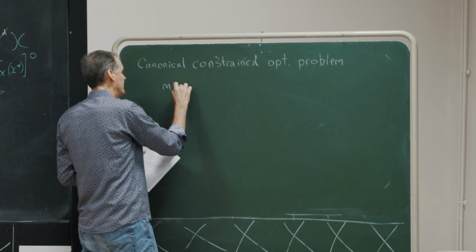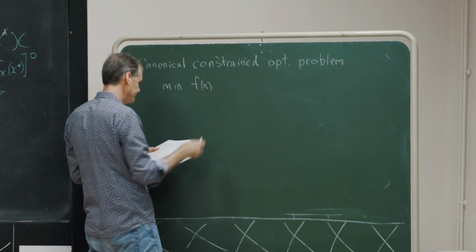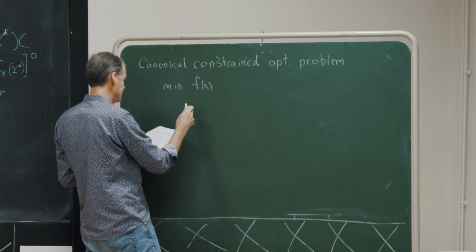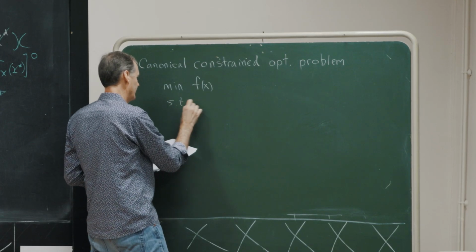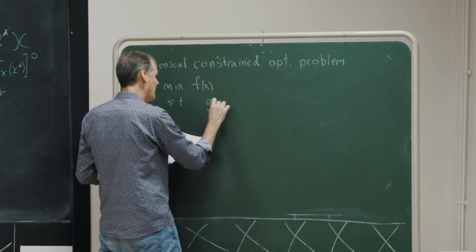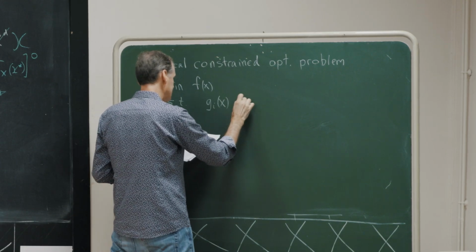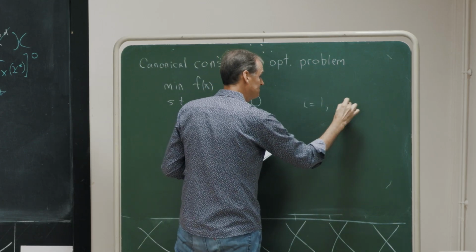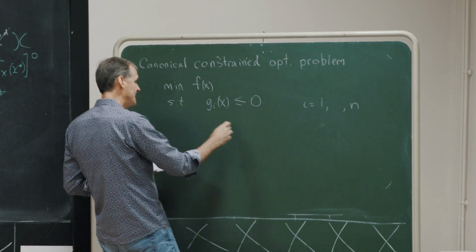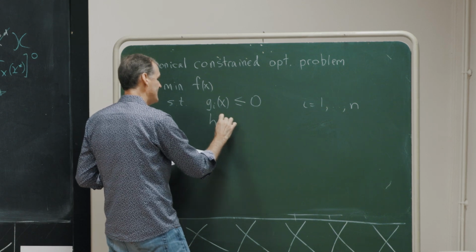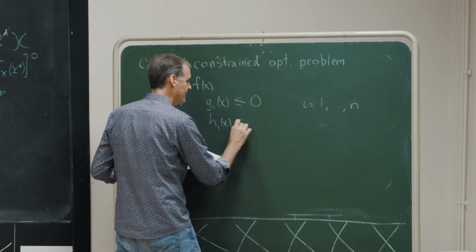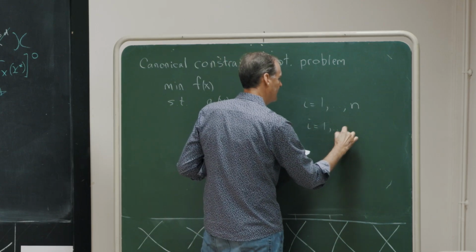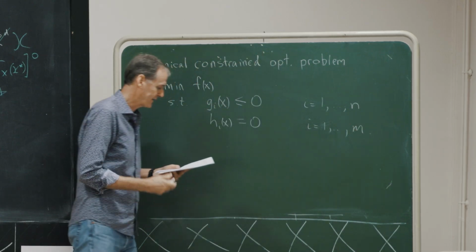And it's just min of some function f such that g_i of x is less than or equal to 0, and there are going to be, let's say, n of these inequalities, and h_i is equal to 0, and there are m of these equalities.